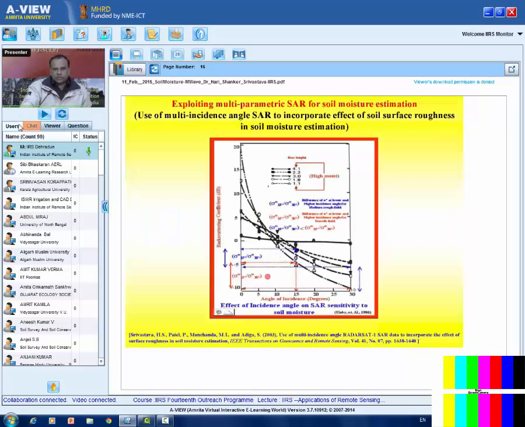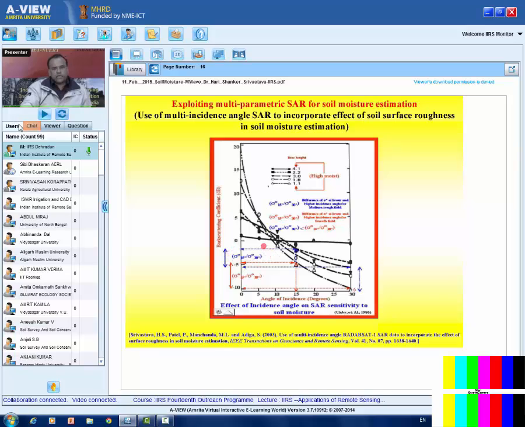Now this slide is showing that if we take the difference of backscattering coefficient at two incidence angles, then it is a good indicator of surface roughness. If the difference between sigma naught at low incidence angle and sigma naught at high incidence angle is less, it means the surface is very rough.